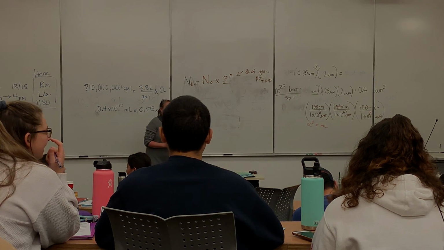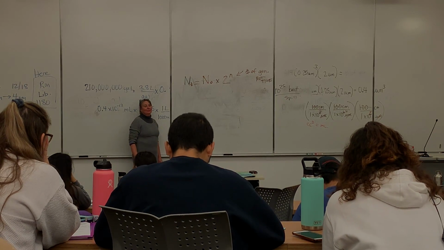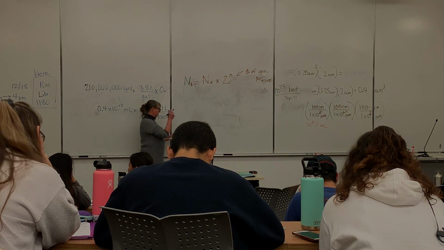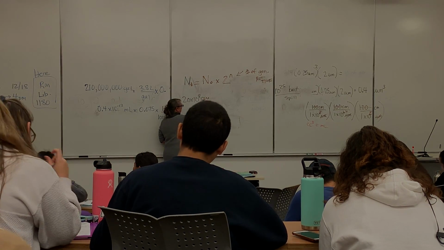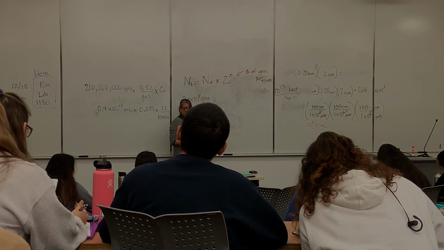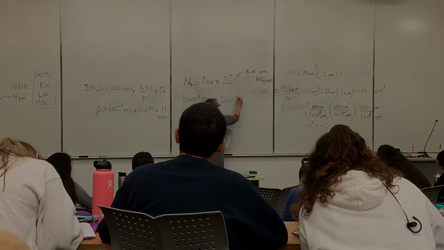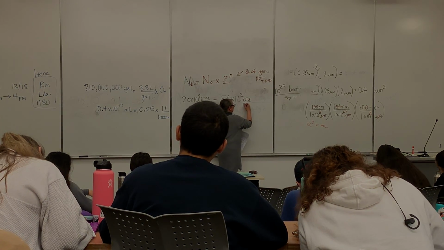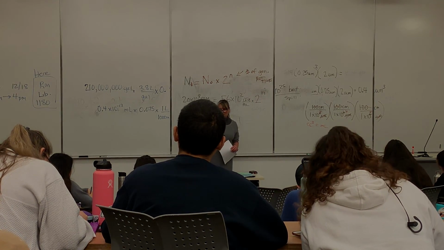So the steady state, is that the time 0 or the time at time t? Yeah, it's the N_t, the number at the time. So we'll put 2 times 10 to the 8 CFUs per mil over here at time N_t. It's going to equal N naught, which is the natural abundance, 5.6 times 10 to the 2 CFUs per mil, times 2 to the n, however many generations it's going to take.